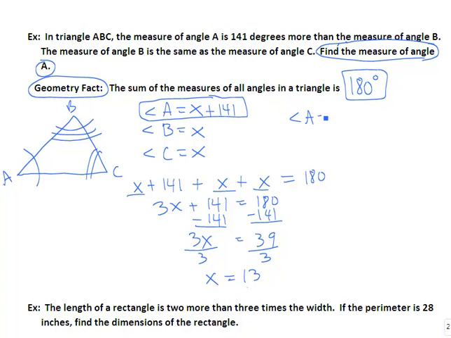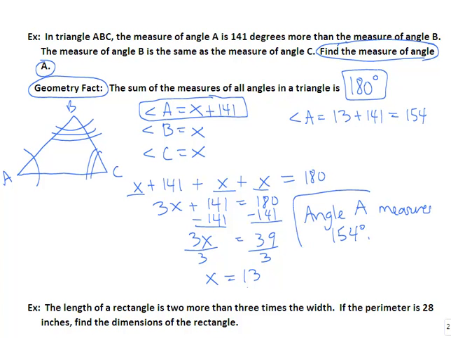So to get angle A, we take x, which we just found to be 13, add 141 to it, and that gives us 154. So our final answer is angle A measures 154 degrees. Just write your final answer in a sentence.